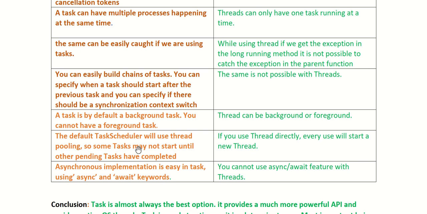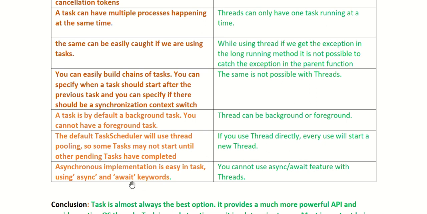It will wait until you get a new thread and other tasks are completed. But if you use thread directly, every use will start a new thread. In case of tasks, you are reusing a thread from a thread pool. But in case of threads, the moment you start a new thread, it ends up creating a new thread, which is a very costly affair. Creating a thread is very costly compared to creating a task.